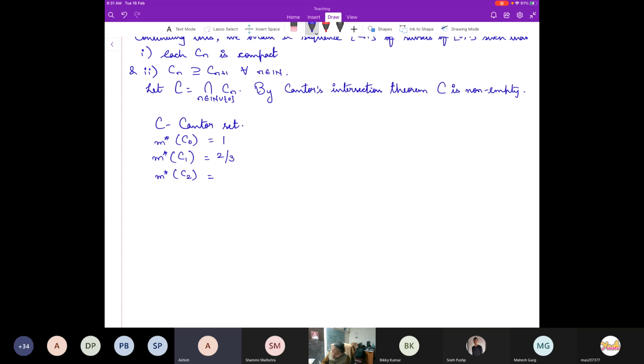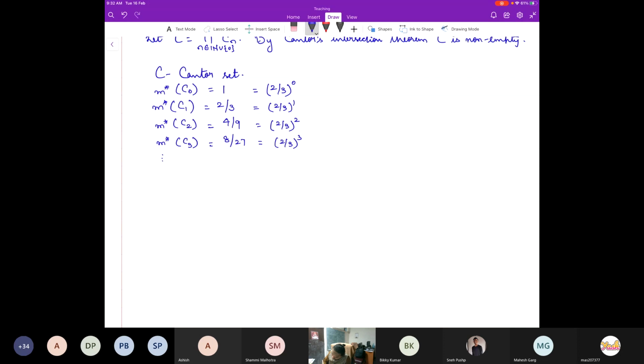What is m star of C3? 8 by 27. Let me rewrite the whole thing: 2 by 3 power 0, 2 by 3 power 1, 2 by 3 square, 2 by 3 cube. Therefore, if I keep doing it, I will have m star of Cn to be 2 by 3 power n.